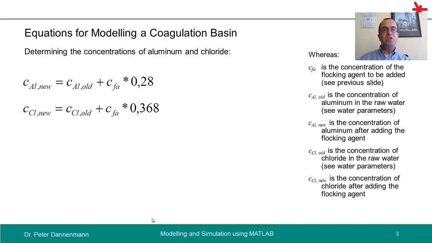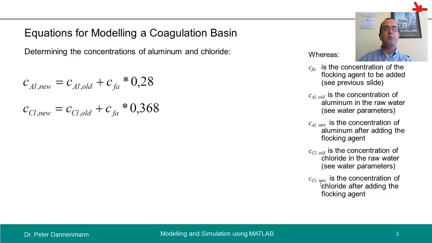Therefore, the concentration of aluminium that has been computed as above adds to the concentration that is already contained in the raw water, and the result replaces the previous concentration of aluminium in the water. So the new concentration of aluminium in milligrams per liter is the old concentration in milligrams per liter plus the concentration of the flocking agent in milligrams per liter multiplied by 0.28.